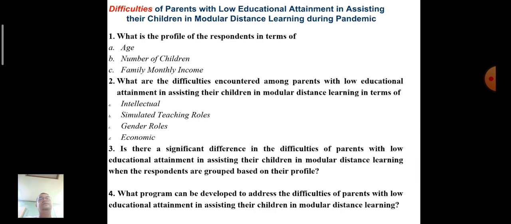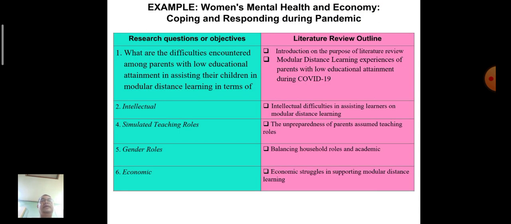Okay. So here, just to make a comparison, this is your research statements of the problem. This is what was used for the statements of the problem. Take a look at this table in blue, green, and pink. The title is still on the difficulties, so I'm sorry for that. You see the objectives of the study, and commensurate to the research questions or statements of the problems are the appropriate literature review outline.